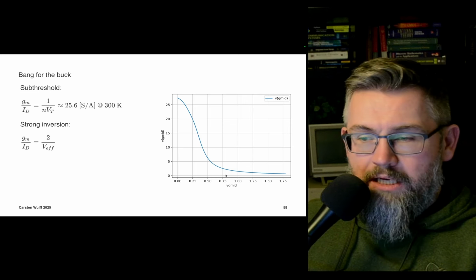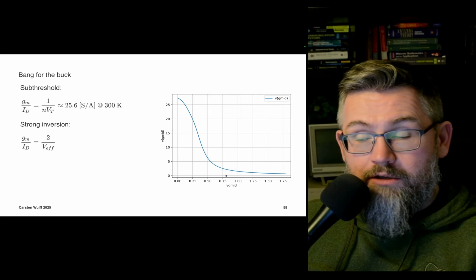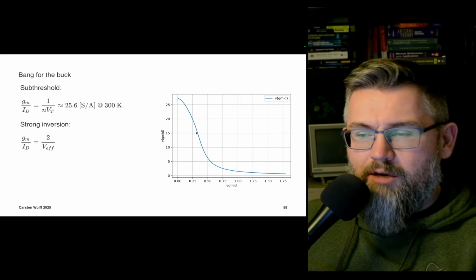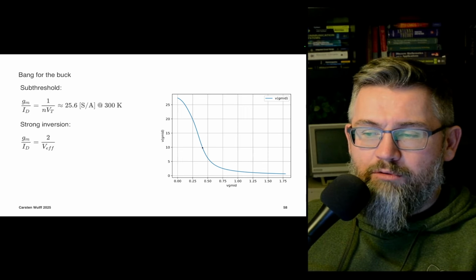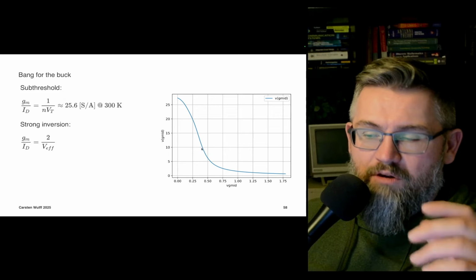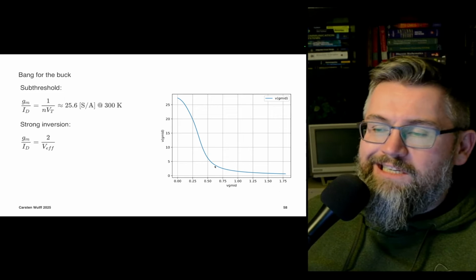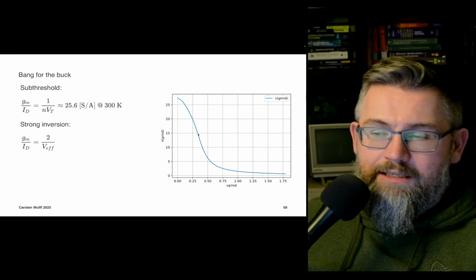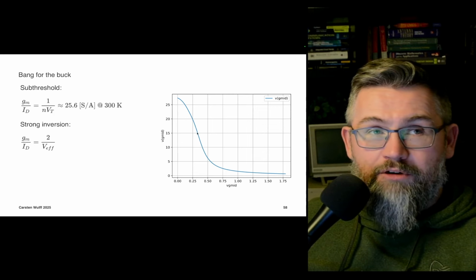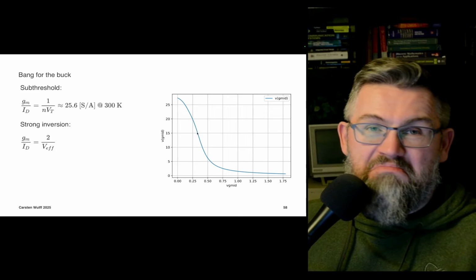Now, in my standard libraries that I use, I usually pick a couple of points on this curve. I've chosen GM over ID of 15 and GM over ID of 10. And that's roughly just, it's not completely in strong inversion at GM over ID of 10, and it's not completely in subthreshold at the GM over ID of 15, but it's two numbers.